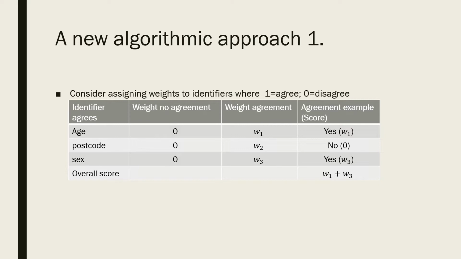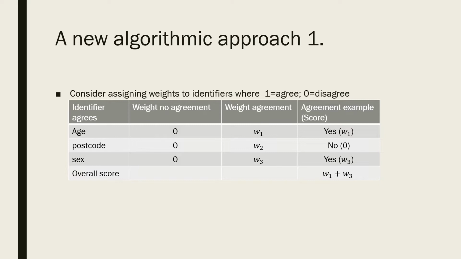That's essentially treating the data just as you would treat it in so-called deterministic linkage. Either it's a match or it's not a match, and you ignore the nuance that's built into the actual estimation of a match weight. So that's also behind what I call this new algorithmic approach.